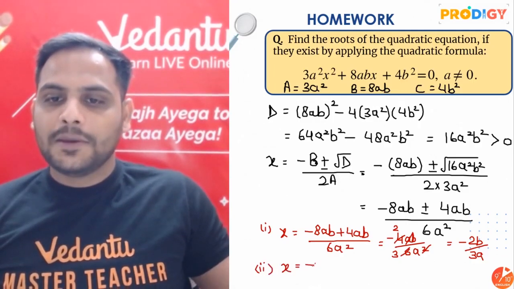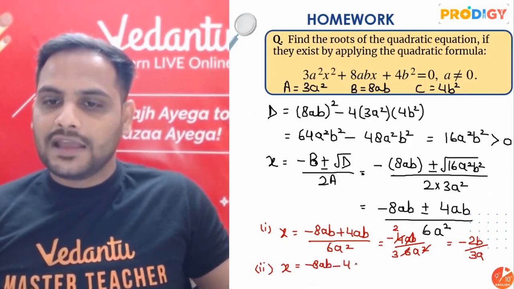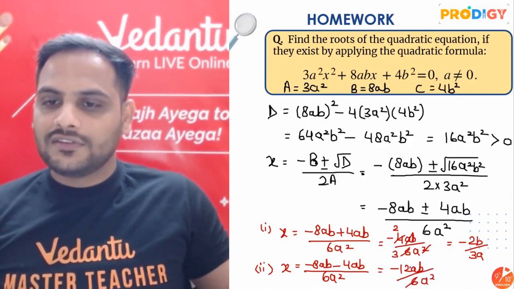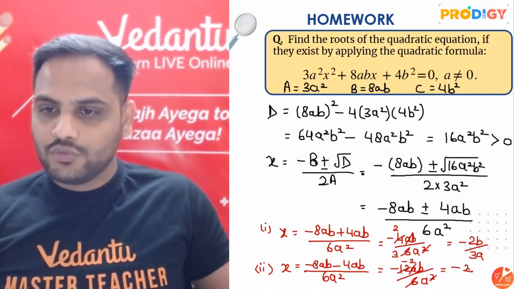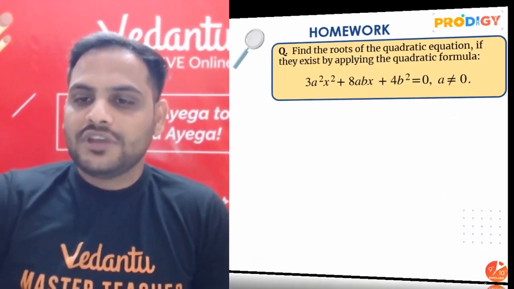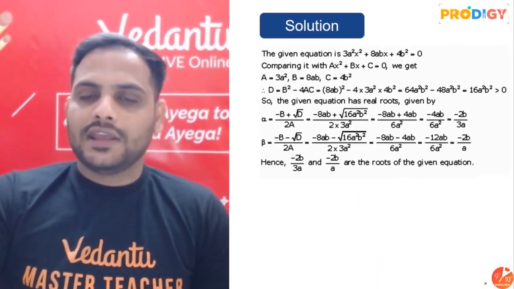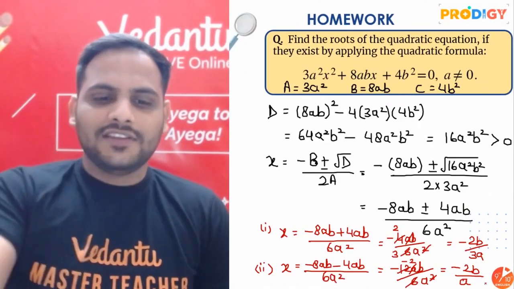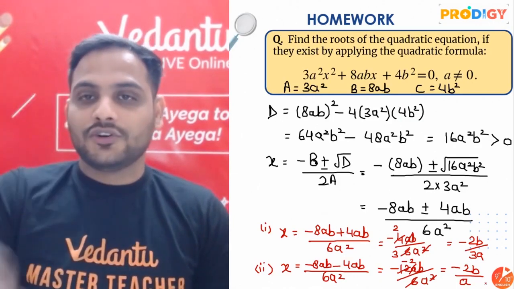So x will be minus 8ab minus 4ab upon 6a square. So it will be minus 12ab upon 6a square. 6 twos are 12 and it is minus 2 times, 1a to 1a will get cancelled. We'll get minus 2b upon a. So minus 2b upon 3a and minus 2b upon a will be your two roots, by direct quadratic formula. This is how you will get the correct answer for your homework question.